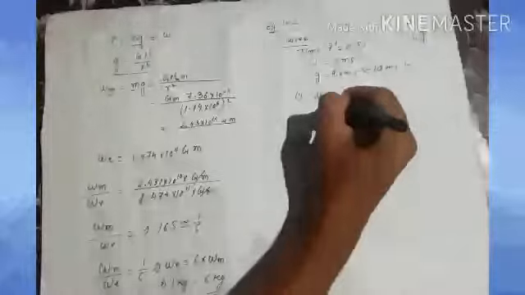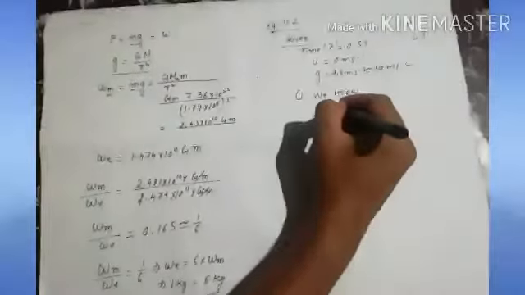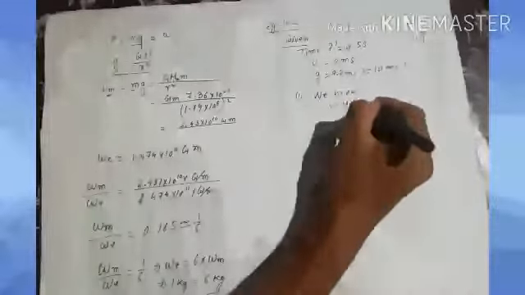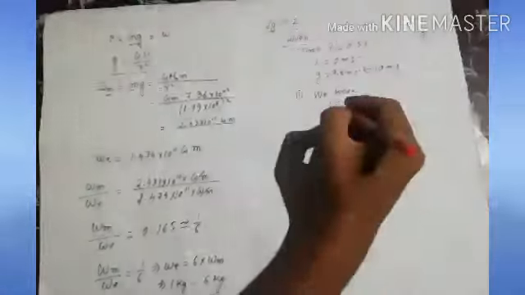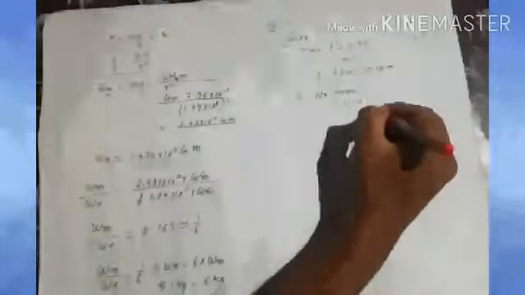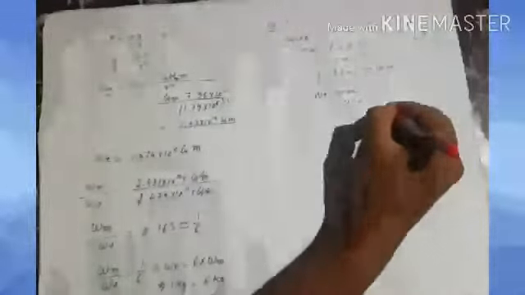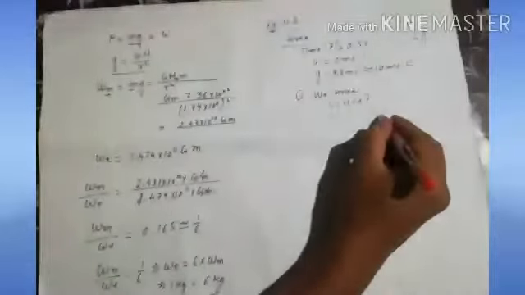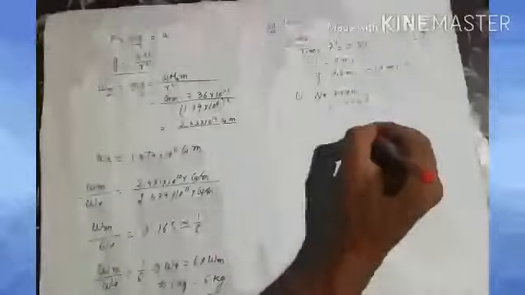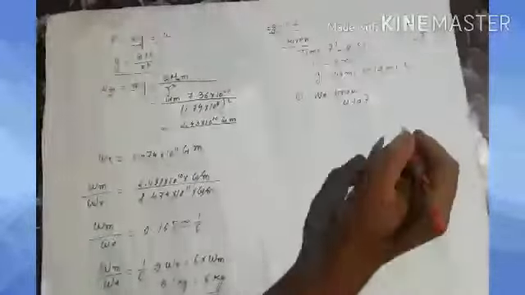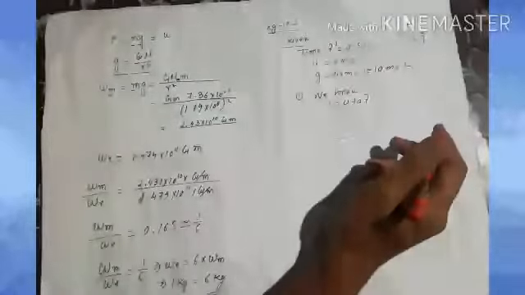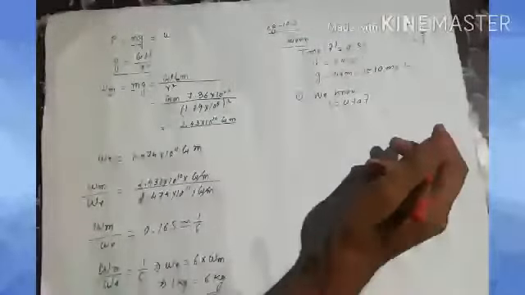So v equal to u, which is 0, plus a, which is 10, into time 0.5 second, that is 0.5 into 10, that is 5 meter per second. The final velocity while striking the ground is 5 meter per second.